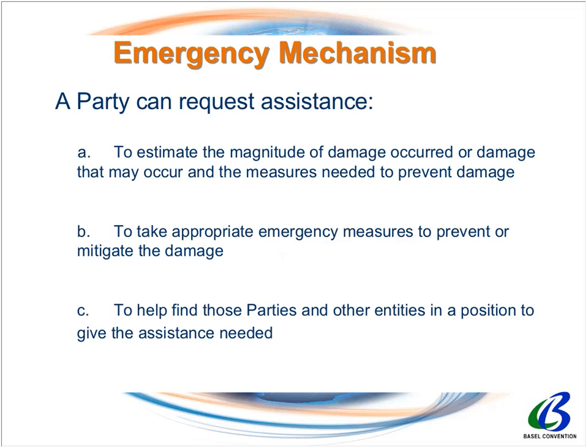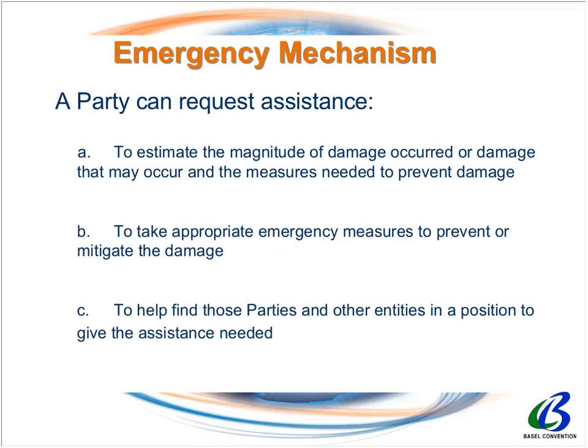For that reason, that part of the emergency mechanism is not working. And the third part, you will see, is in relation to prevention, in order to enhance the capacity of the countries to prevent these kinds of incidents. There are three parts of the emergency mechanism. The first part is to estimate the magnitude of damage that may occur and the measures needed to prevent damage.